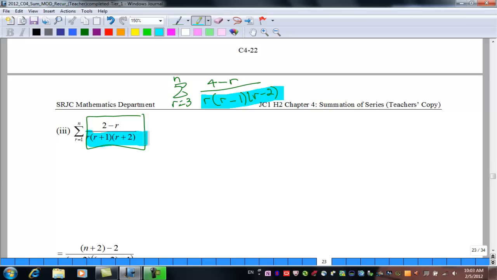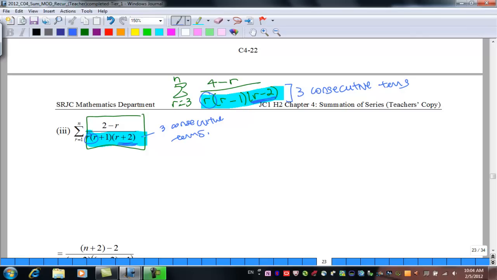At first glance it seems like the r is the same, but instead I would like you to think of it this way. Isn't it true that these are 3 consecutive terms and these are also 3 consecutive terms? It's just that this one starts from r and goes backwards, so the lowest one is r minus 2, whereas this one starts from r and goes upwards, so the lowest one is r.